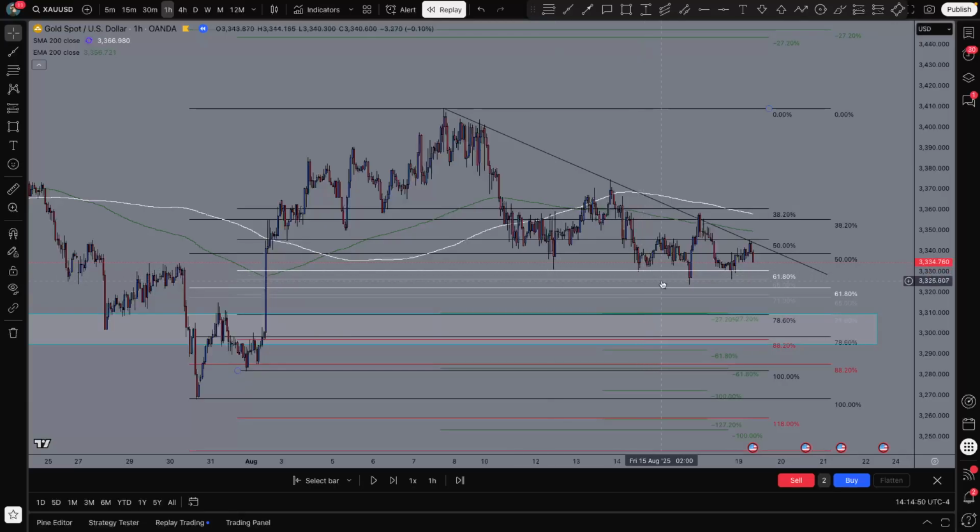I mean, 1, 2, 3, 4, 5, 6, 7 touches, and it was never broken. I'm sure a lot of retailers were thinking about buying that level because they are straight dog shit. So in my mind, it was basically an 80% chance that this level was going to get sliced through like butter. So I had two scenarios for today.